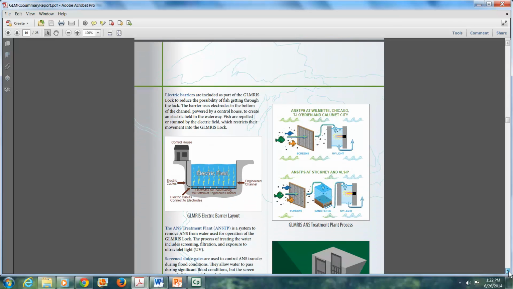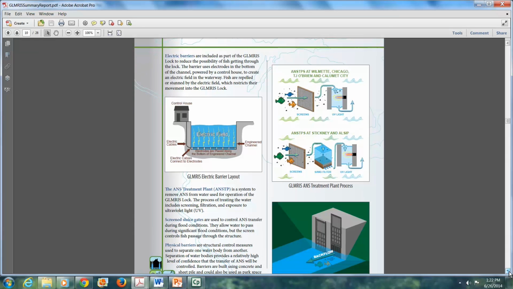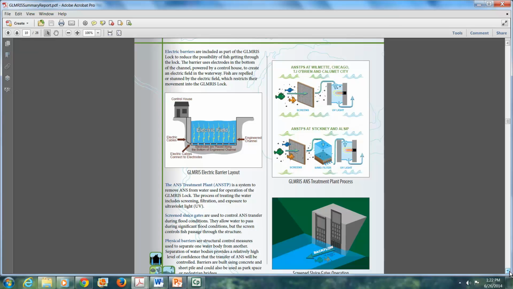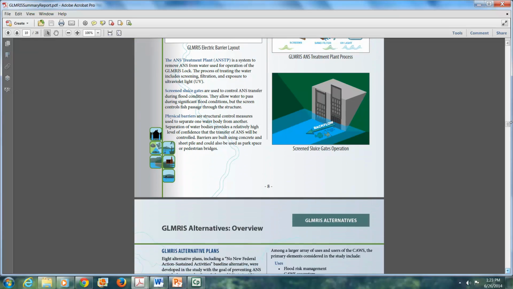If we scroll on down, you'll see electronic barriers, the ANS treatment plant, screened sluice gates, and physical barriers are included as well. Physical barriers would be physically separating the Mississippi River and the Great Lakes.